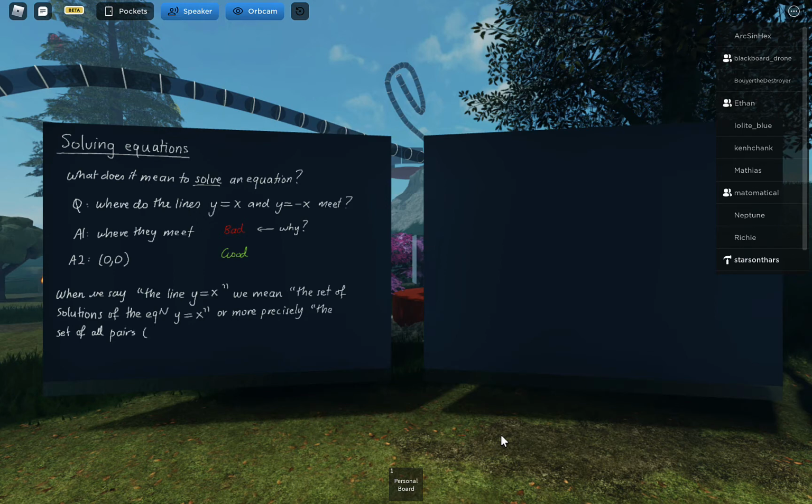A solution is a pair of real numbers, one for each variable that could be substituted in my equation, in this case 2, such that substituting a for x, which I'll write like this in the sort of programmer notation, and b for y, makes y equals x true. Okay, substitute a for x.